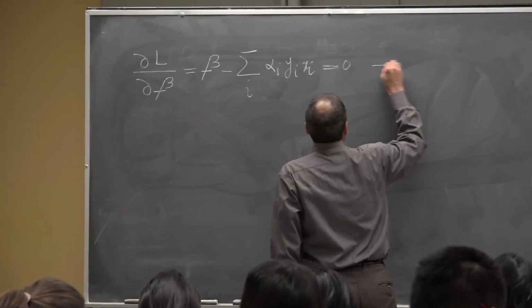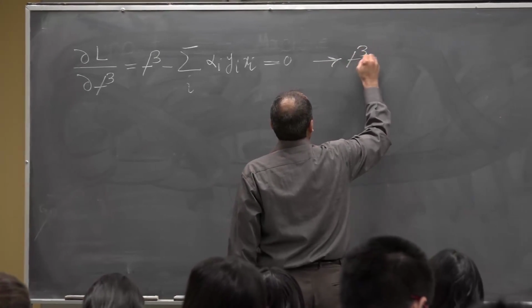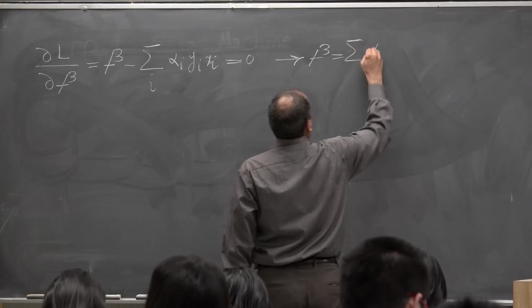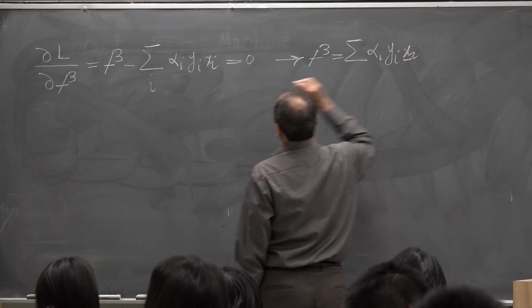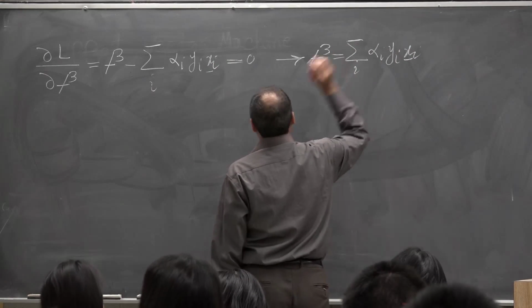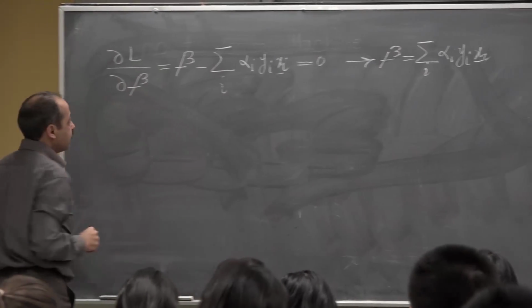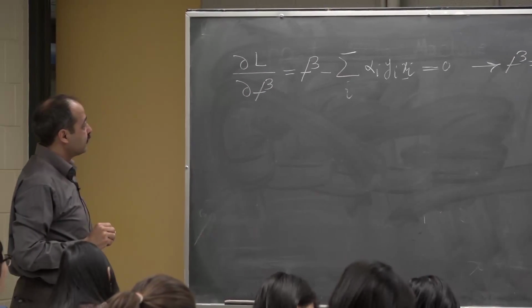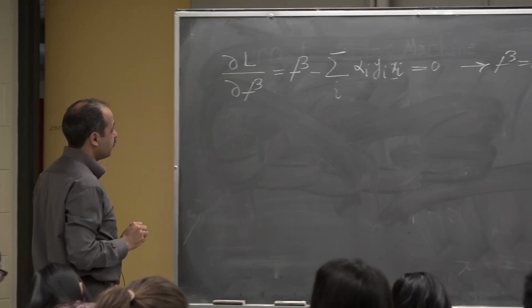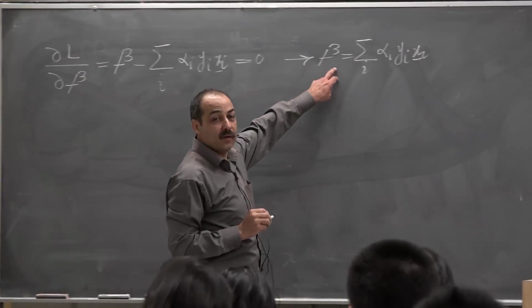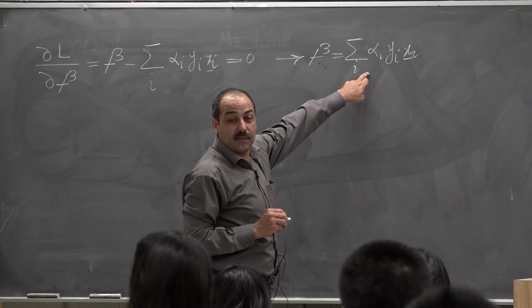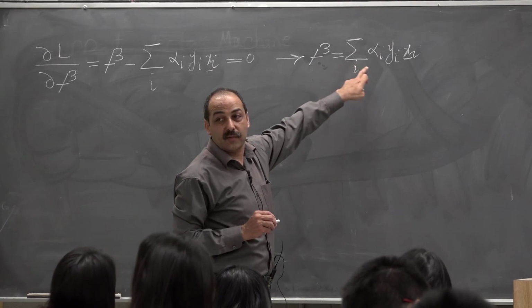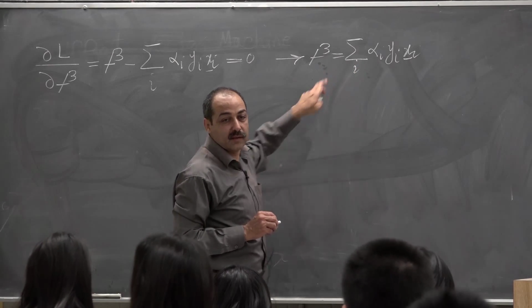It means that beta should be alpha i yi xi over all i. It basically tells me the relation between the primal variable and my dual variables, alpha and beta.